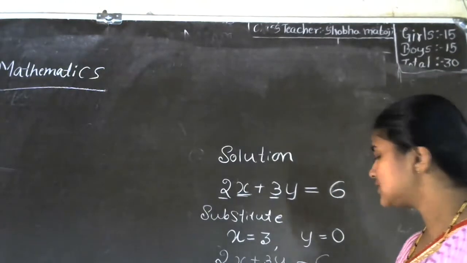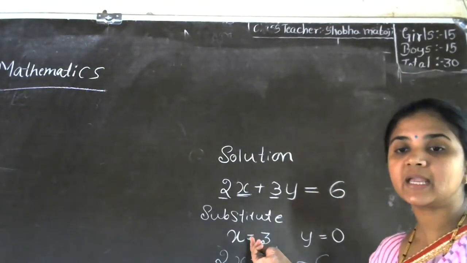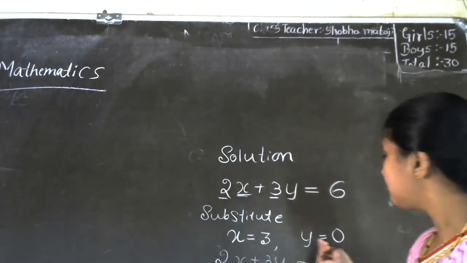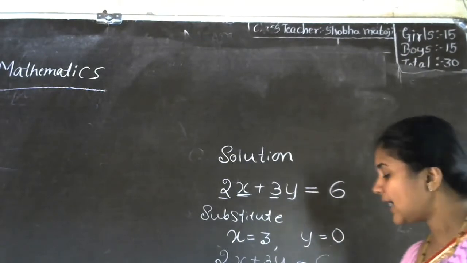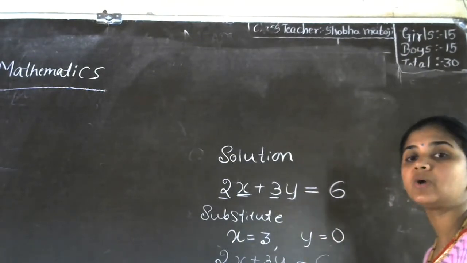By substituting x = 3 and y = 0, we have got LHS equal to RHS.